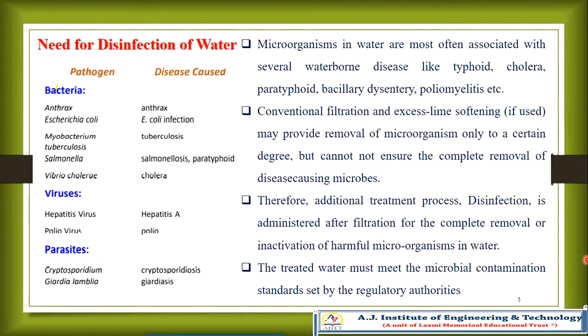There are standards for microbial contamination that have to be met, and we have to implement this seriously so that we can avoid these microorganisms being transferred to our bodies.